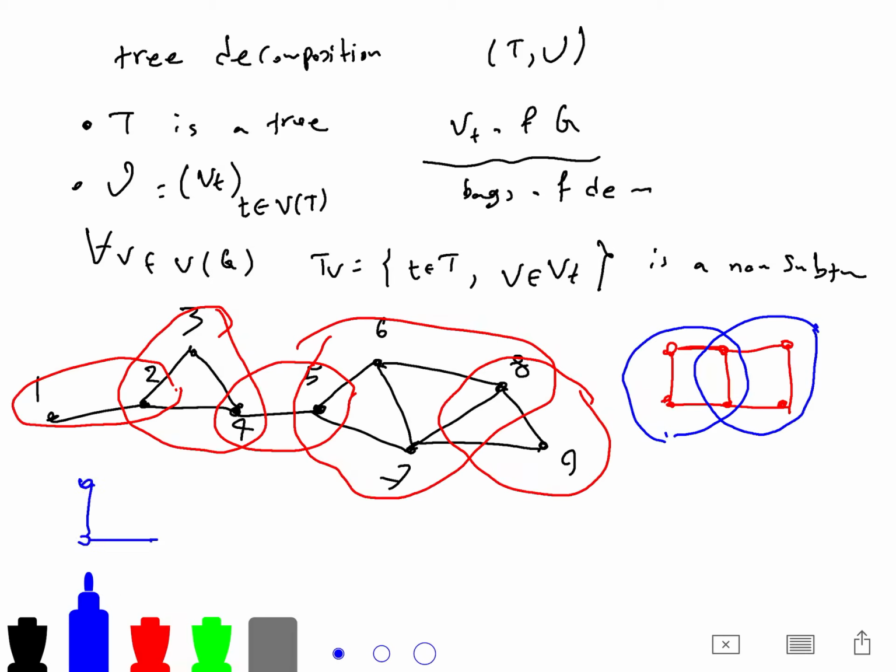For example, if 1, 2, 3, 4, 5, 6, then I can say that this is a nicer decomposition: 4, 3, 1, 5, 3, 4, and 5, 6, 4.